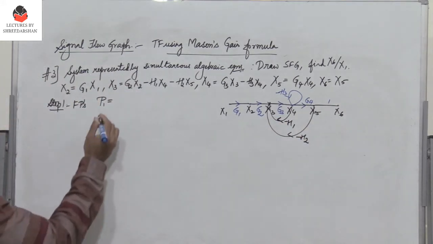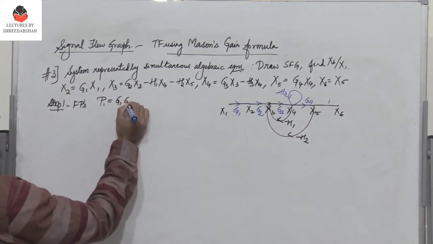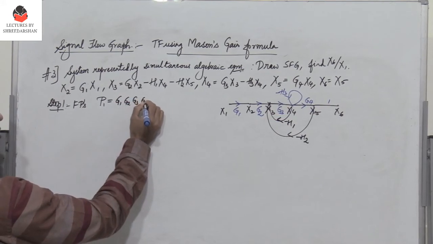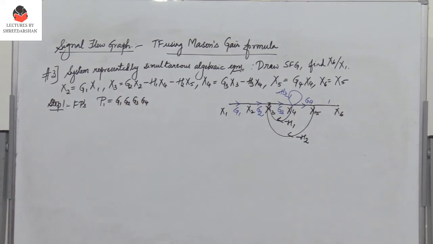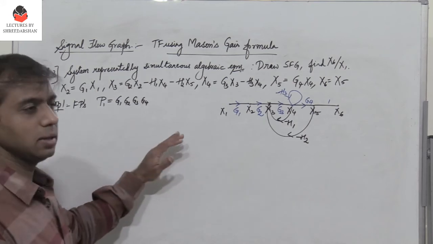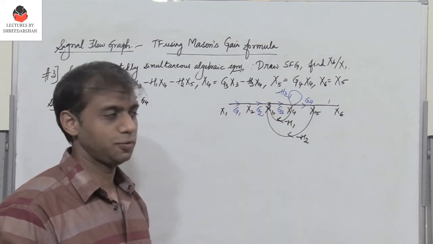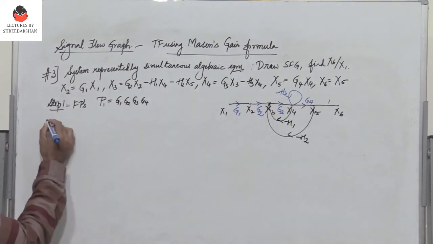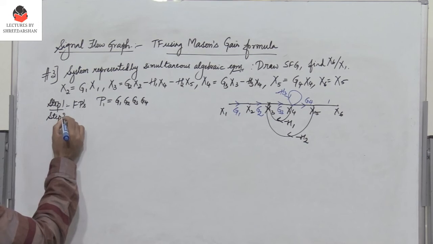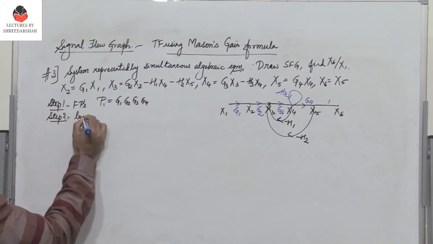So multiply the gains, we get g1 into g2 into g3 into g4. So is there only one forward path? Yes, we find that there is only one forward path, and that is g1 into g2 into g3 into g4. Very simple.